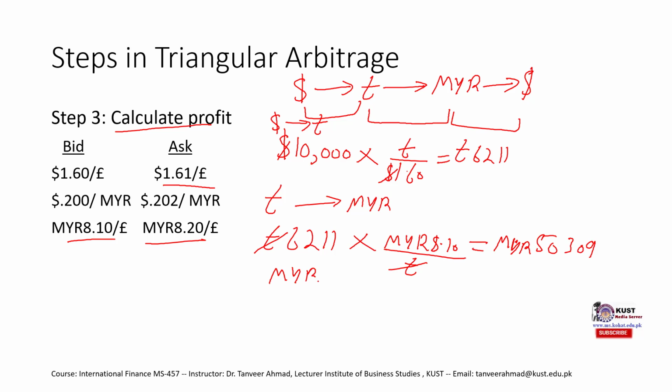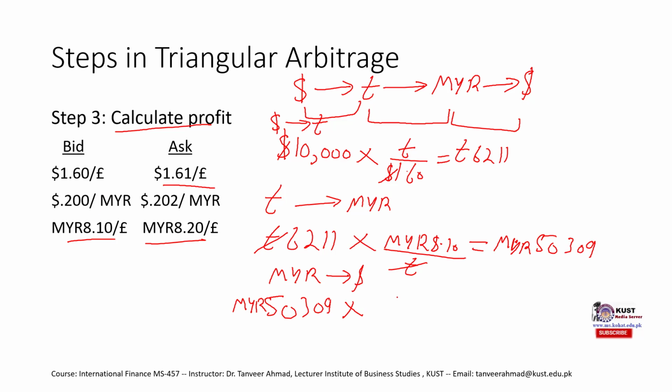The last part is to convert these Malaysian ringgits into dollars. So MYR to dollars. Only this exchange rate has both these currencies. But which one should we use? We need to convert 50,309 Malaysian ringgits. So in this case, we are going to sell these Malaysian ringgits. So at which price would the bank buy? This is the buying price of the bank. So the bank would buy at this price.